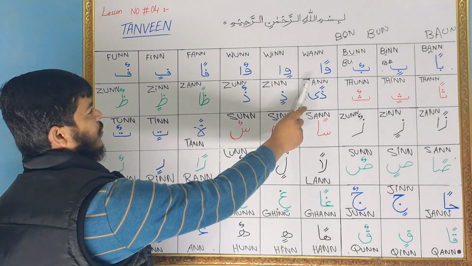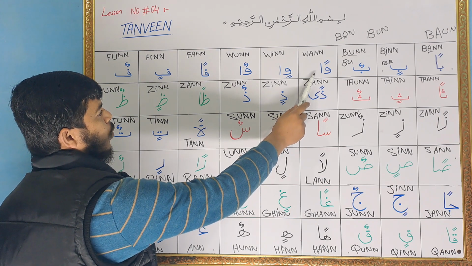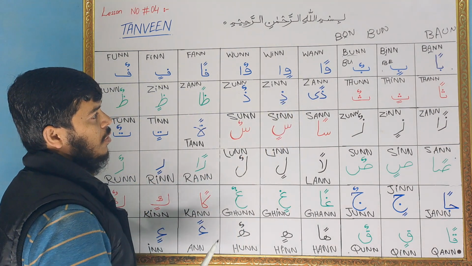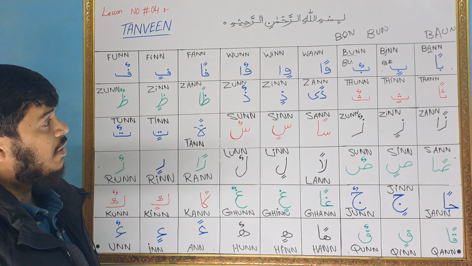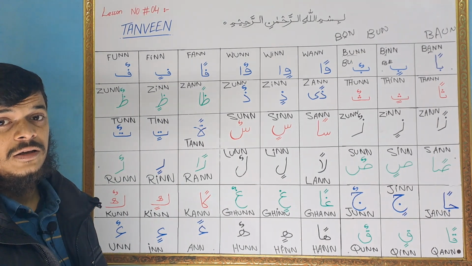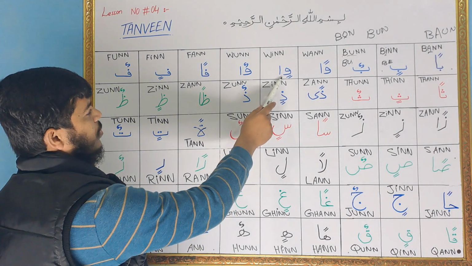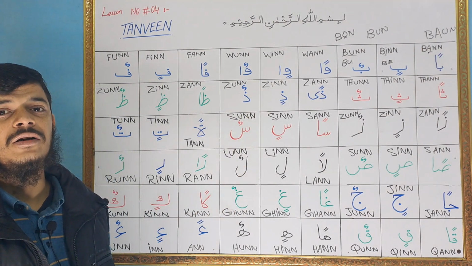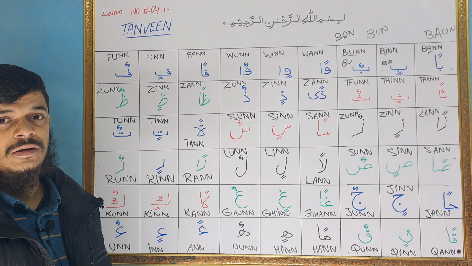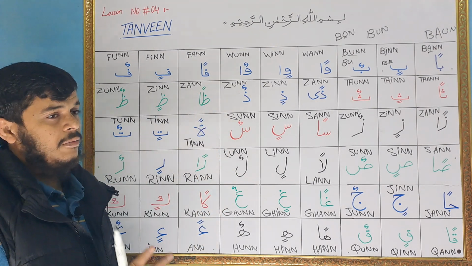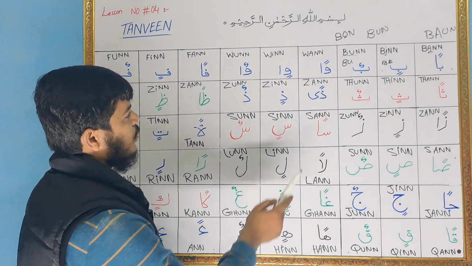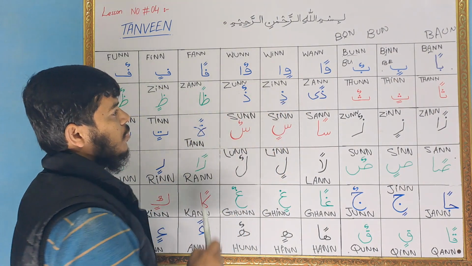And now we move to the letter wow. Wow double Fathah will be called wan, and it is also called in Arabic Fathatain. For double kasrah, we will call it in Arabic kasratain, and for dhammah it will be dhammatain. Tain means two, so fathatain, kasratain, or dhammatain.